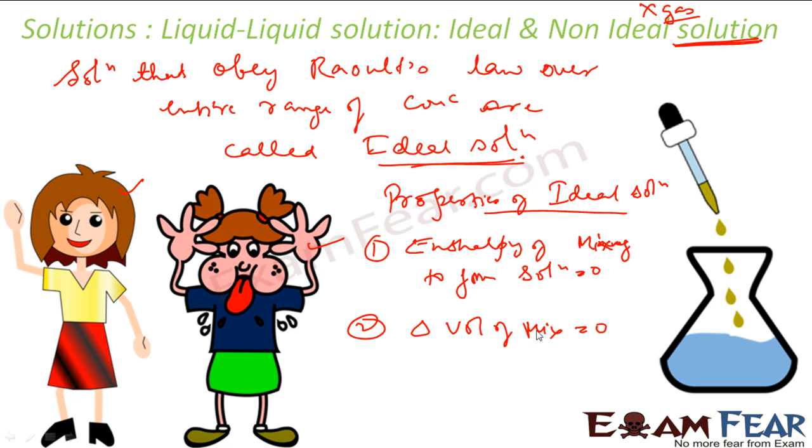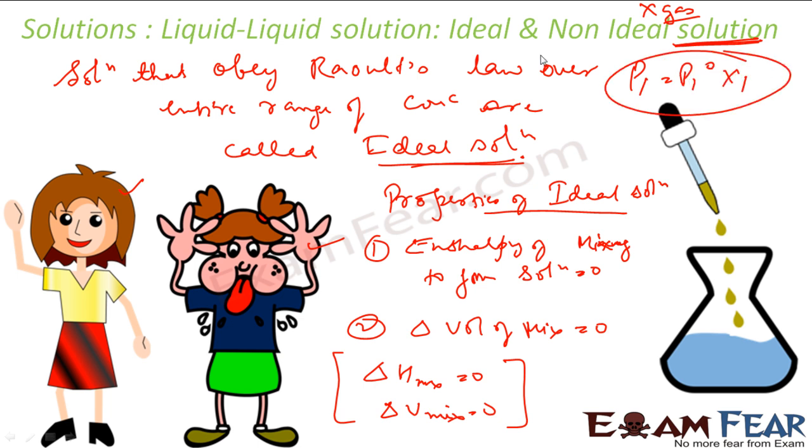Mathematically, delta H mix is zero and delta V mix is zero for an ideal solution. So if they are ideal solutions, they'll follow Raoult's law, that is P1 is nothing but P1 naught into X1.